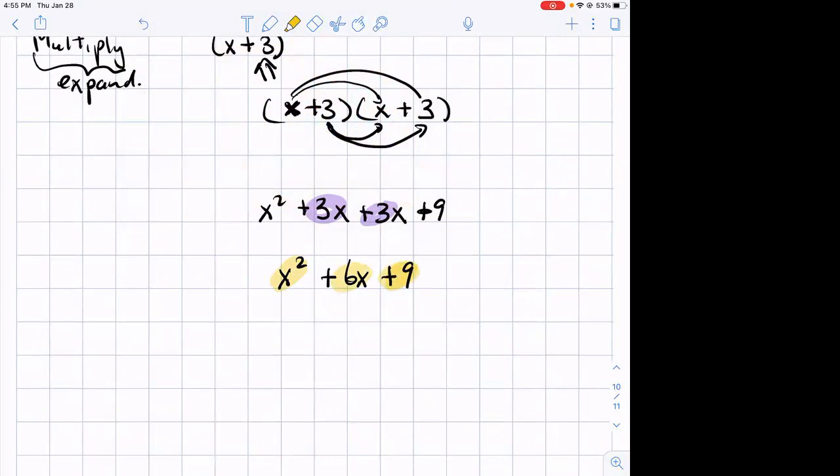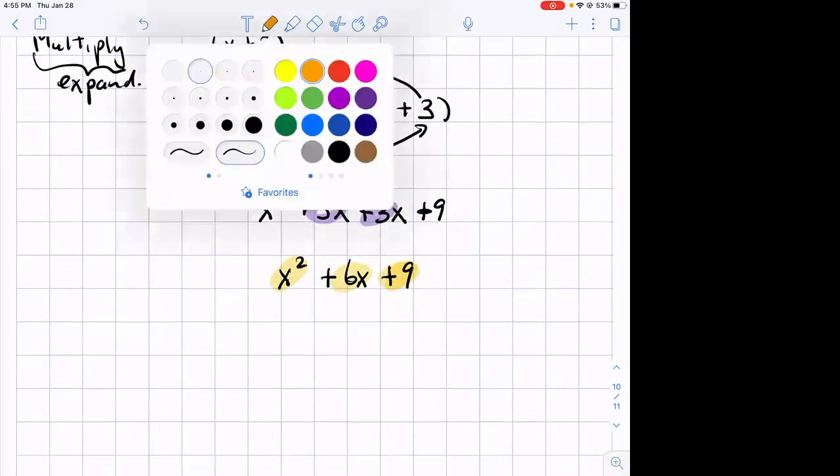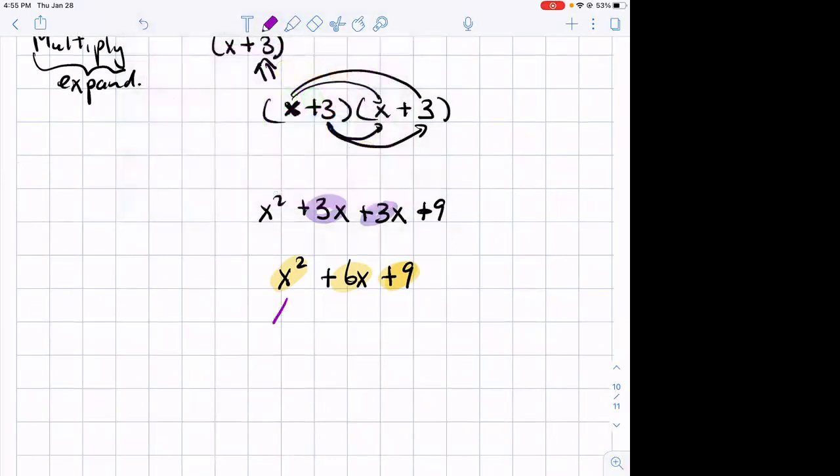This here is the first term. This is what we call our second term. In this case, it's also the middle term.